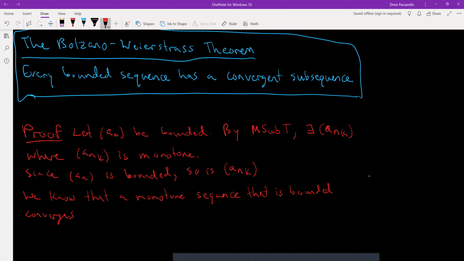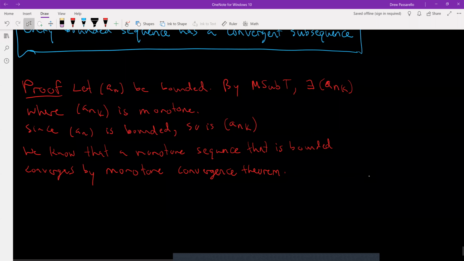And I believe that was the monotone convergence theorem. All right, so in other words, our subsequence a_{n_k} converges to some a in the real numbers since it's bounded and monotone due to the monotone convergence theorem.